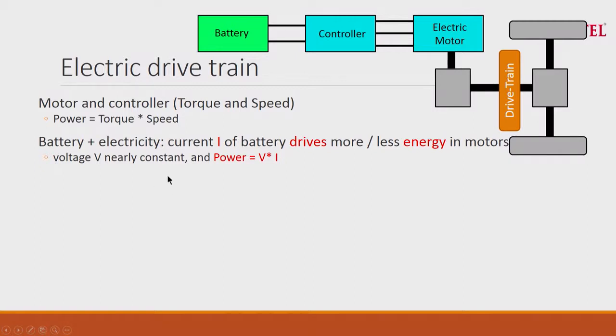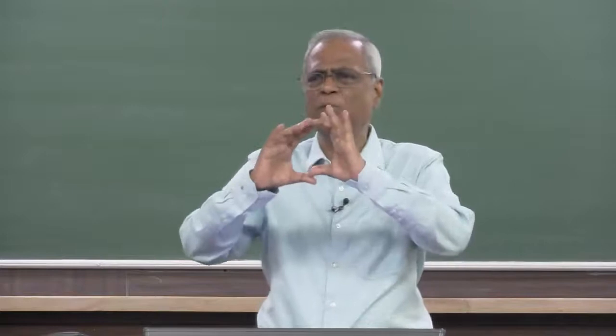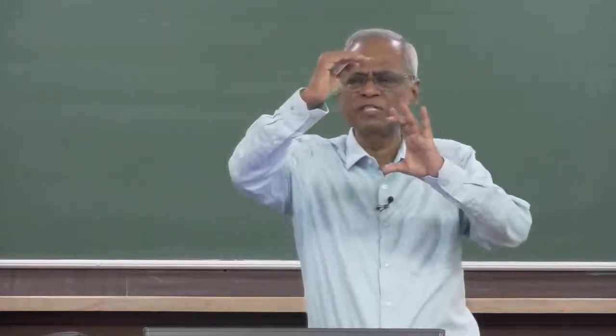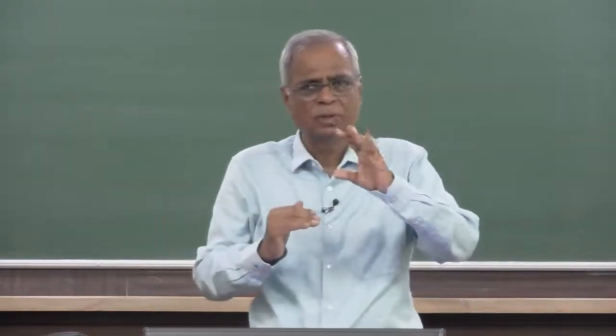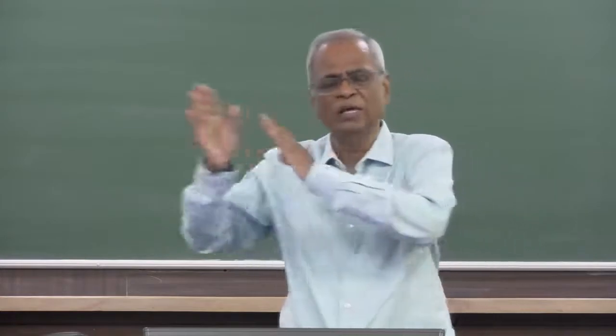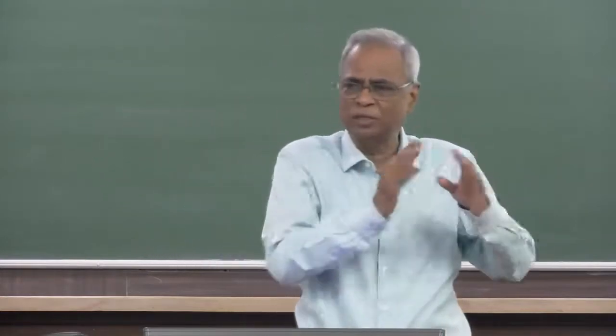The battery's current drives more or less energy in motors, and the important components are power, current and voltage. Power is voltage into current. Voltage is more or less fixed, could be around 48 volt. Of course, it is not really fixed, that 48 volt may itself vary from around 56 volt to 43 volt, or similarly 350 volt may vary all the way from 370 to 330 volt.